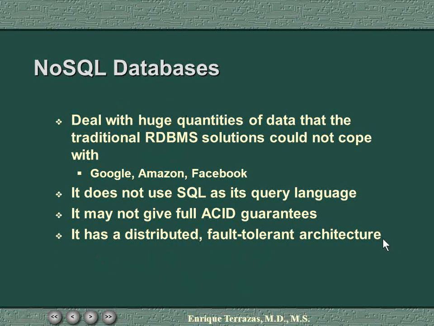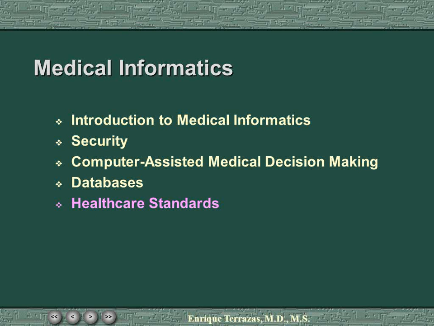And it has a distributed fault-tolerant architecture, which is fine because if your post to Facebook doesn't make it to all the replicated databases initially, that's okay. It just means that maybe someone looking for your post might not be able to see it right away, but if they see it later, that's fine. That doesn't work with your bank, though. If it fails to process your payroll check before your debits, then that's a big, huge problem. So, different things for different things.